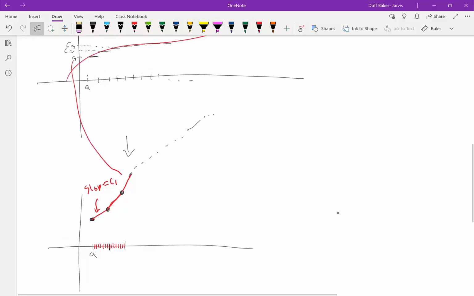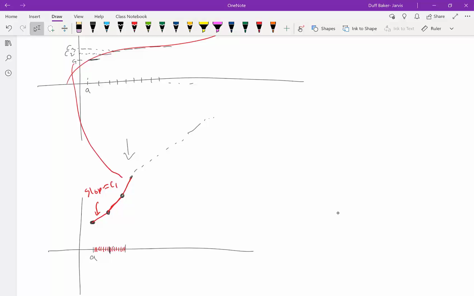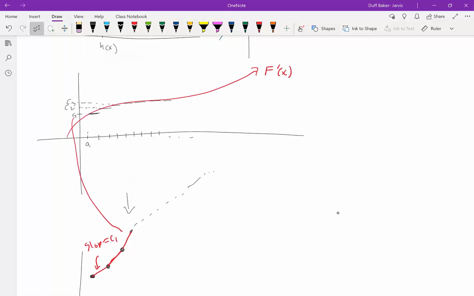So the other thing to point out is, let me draw just one of these little intervals. So if I just look at the part from A to A plus delta x, say, that was at a constant height of c1, right? So basically I'm just blowing up this little part.